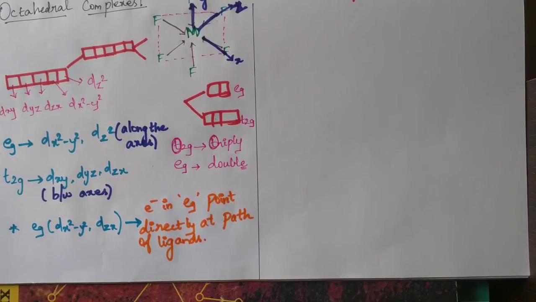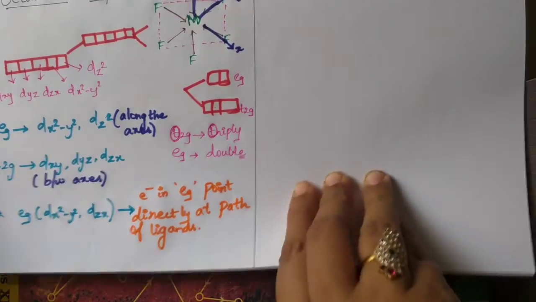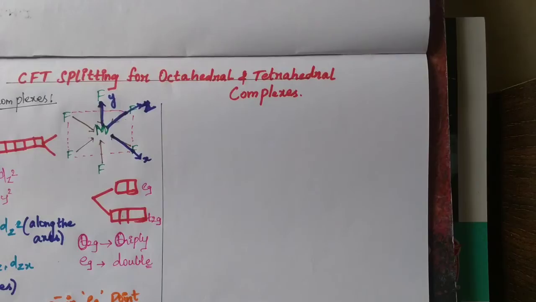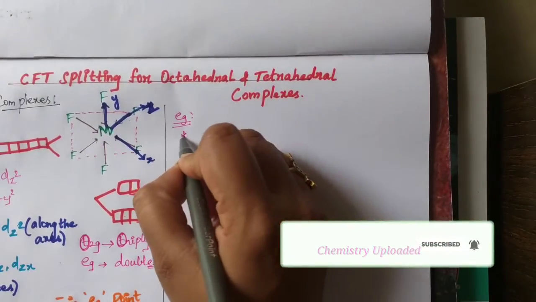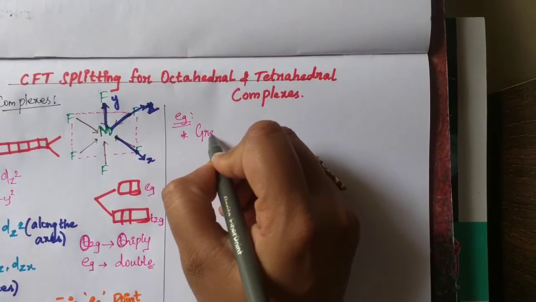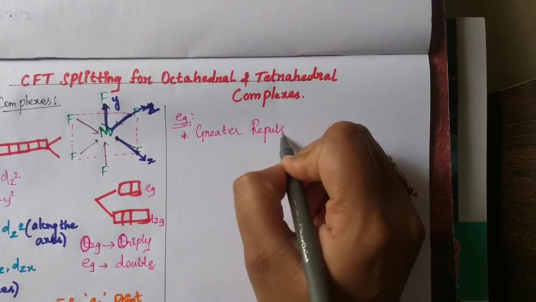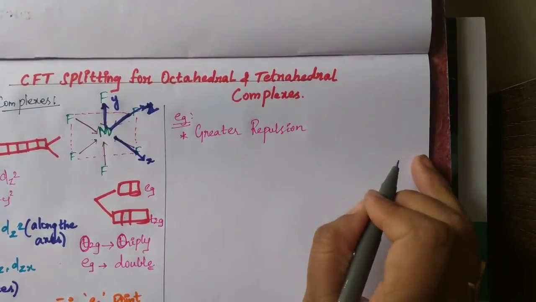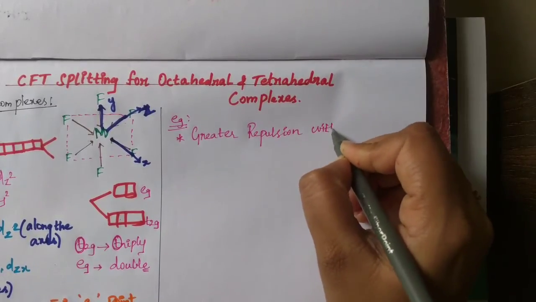When they are present directly at the path of ligands, what happens students? More repulsion will be there between these Eg metal orbitals and ligand orbitals. So Eg orbitals lead to greater repulsion. Why is there greater repulsion? Because they are present on the path of ligands.